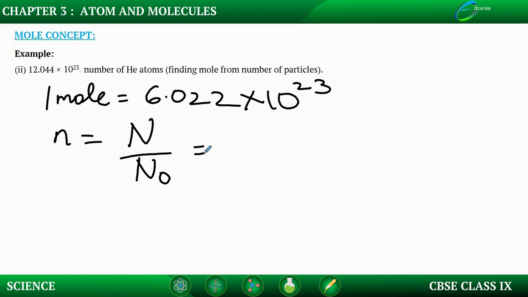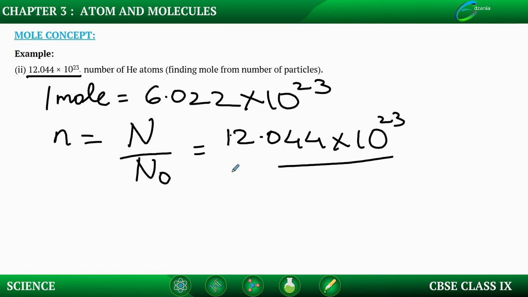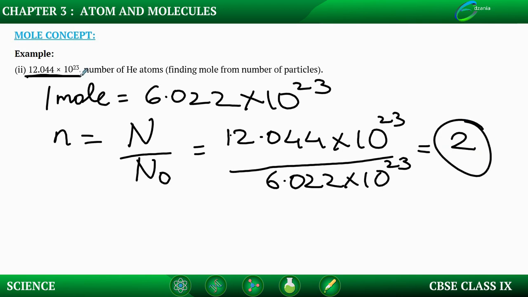That is 12.044 into 10 raised to 23 upon 6.022 into 10 raised to 23. And the answer is 2. So there are 2 moles in 12.044 into 10 raised to 23 helium atoms.